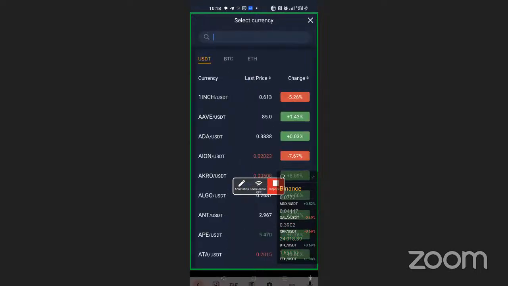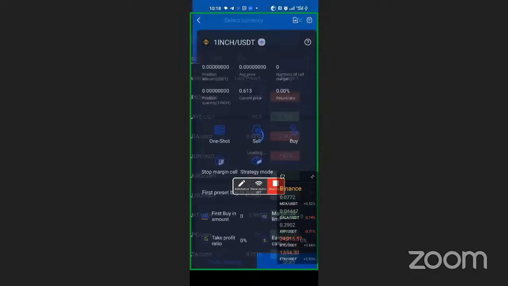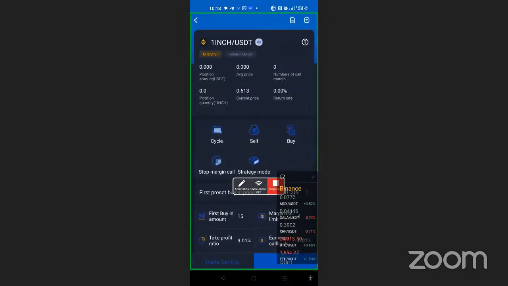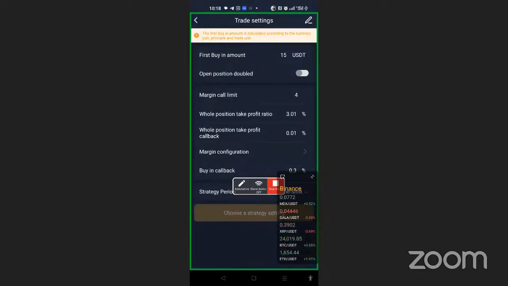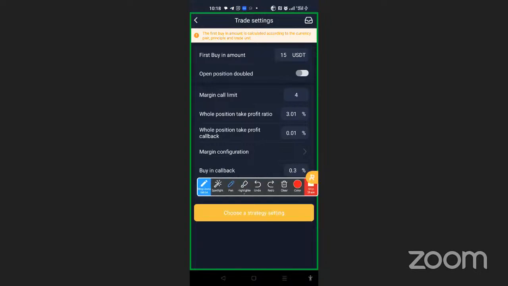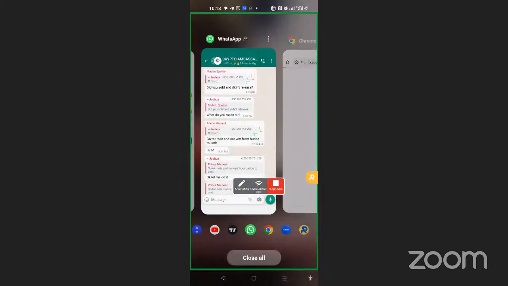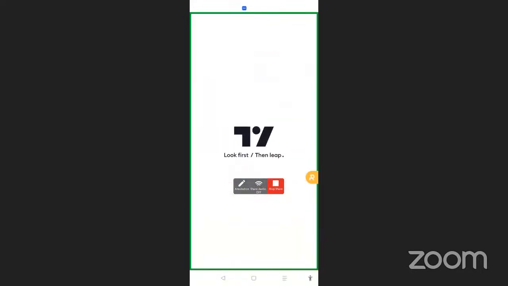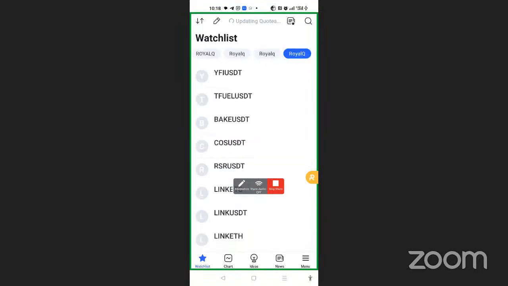Then we choose inch. Inch is the coin I want to trade. Then I come to trade settings. Usually, I don't want to expose all my money because even though there is a breakout, when a candle is forming, it doesn't form at once.